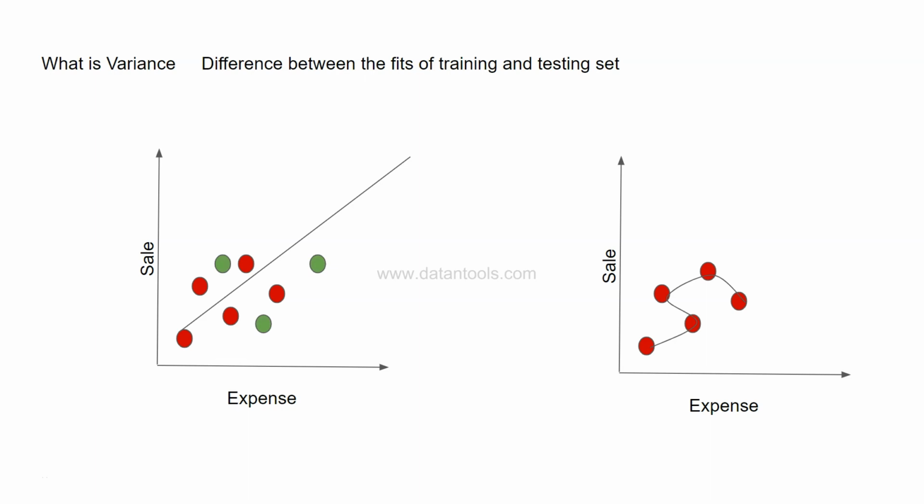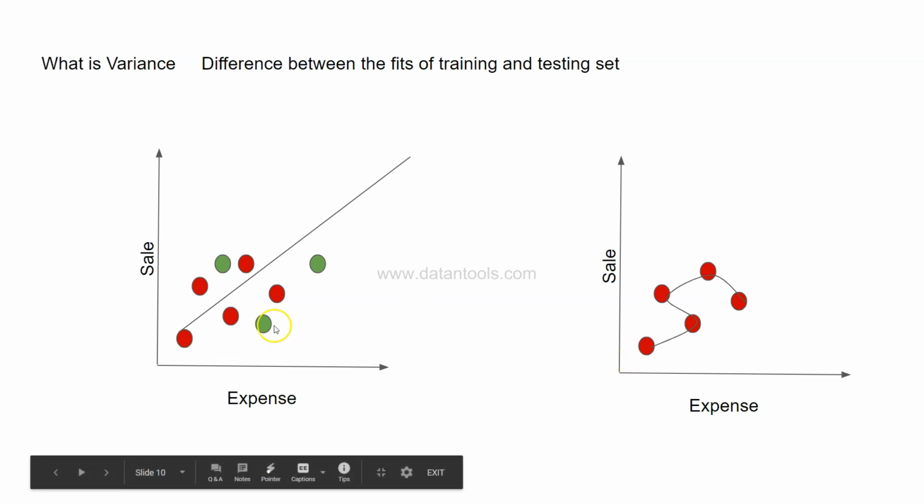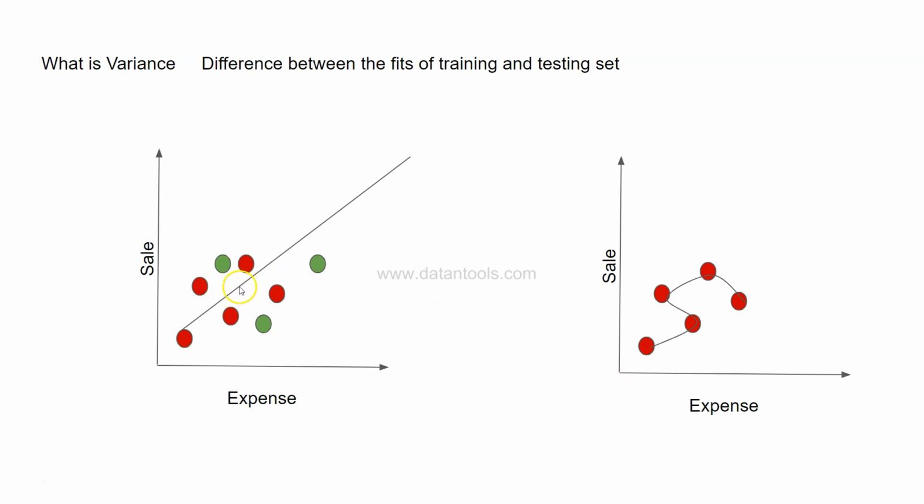So what we have is basically these three data points, which are the testing data points. And over here, from this line, you can see that this line will do a better job in terms of predicting it. And after the prediction, it has plotted the data points over here. And then we calculate the variance for these three data points.